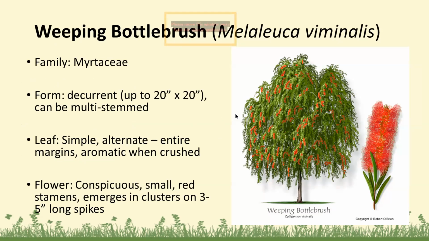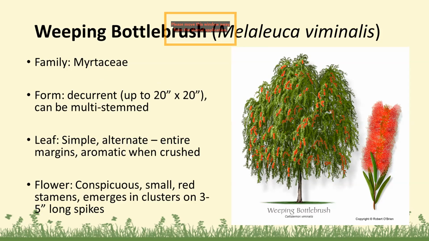So weeping bottle brush, this is in the Myrtaceae family. I think these are basically the myrtle family, which includes wax myrtle, if you're familiar with that, another native around here. It's related to them.